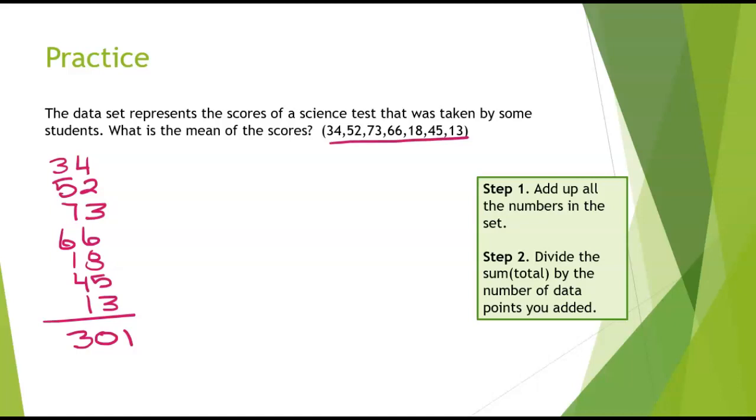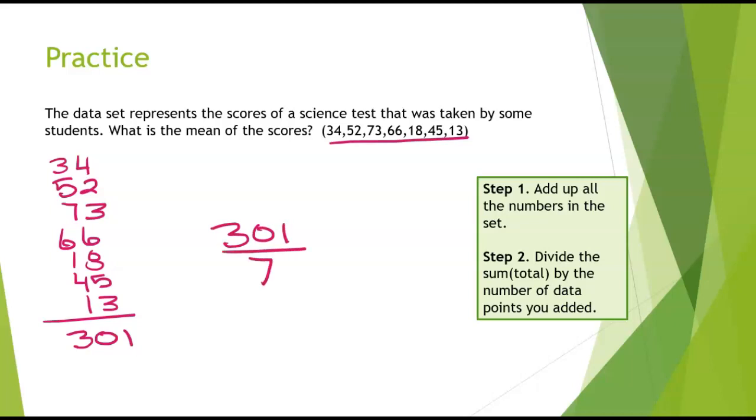All right, so now I have to divide by the number of test scores that we kept track of. So there's 1, 2, 3, 4, 5, 6, 7. So I divide that by 7. 301, and I like to make it a fraction divided by 7.